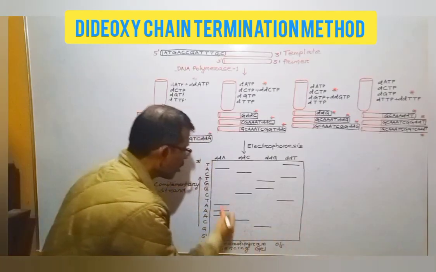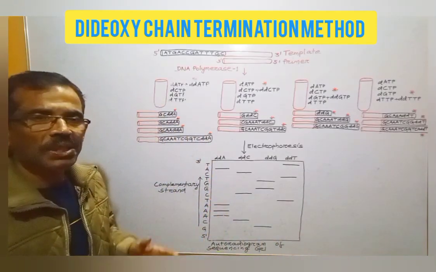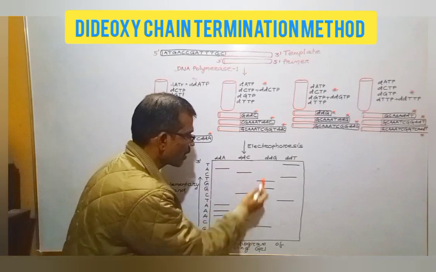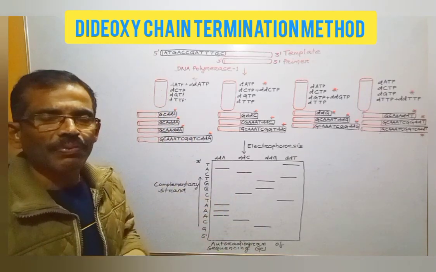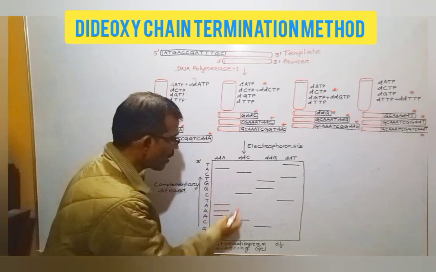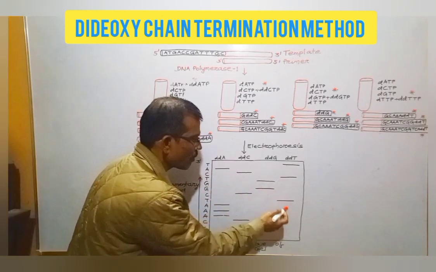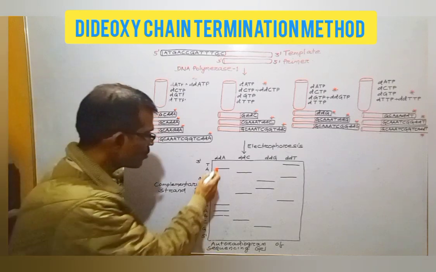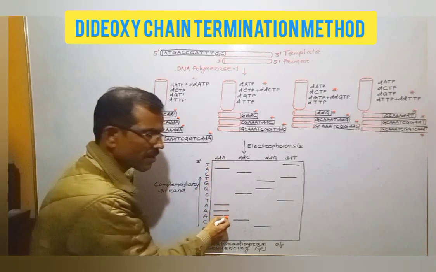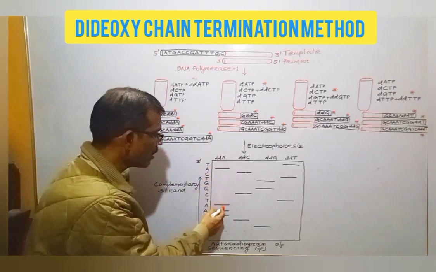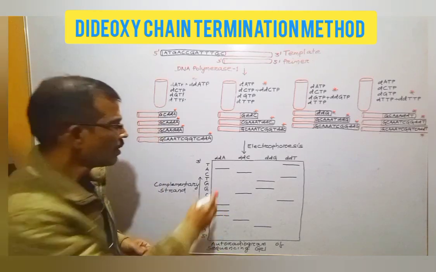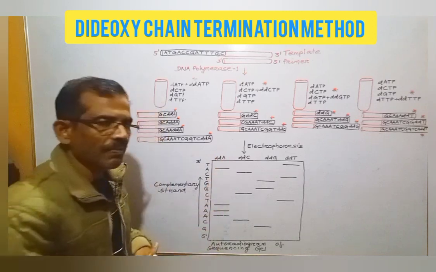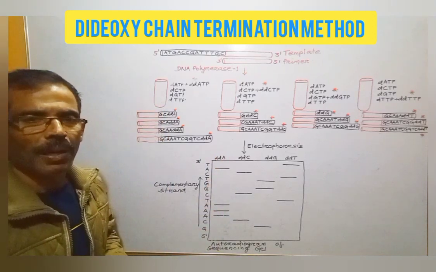This is a block of polyacrylamide gel which has 4 separate lanes. By electrophoresis, fragments of different sizes are separated into 13 different bands. The bands present in the first lane contain DNA fragments of different sizes, all of which have dideoxyadenosine triphosphate at the 3' end.